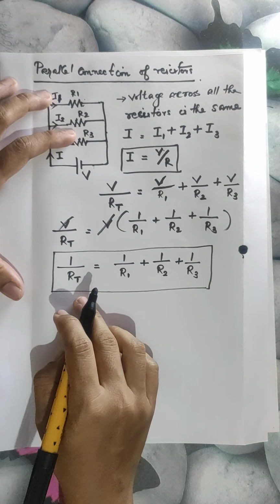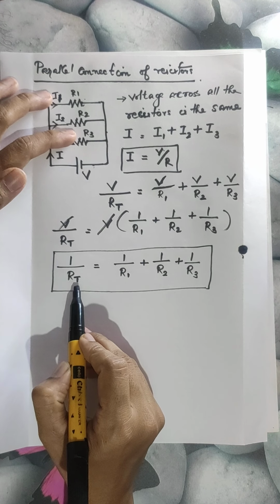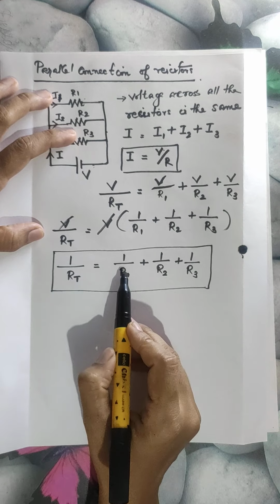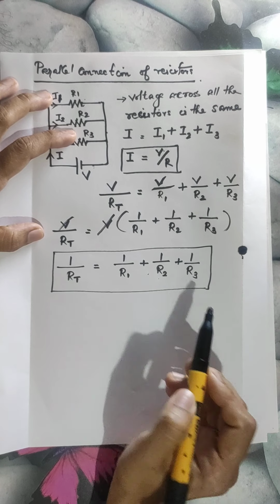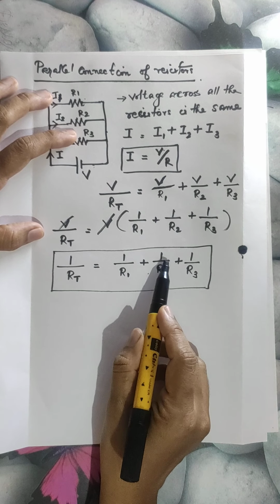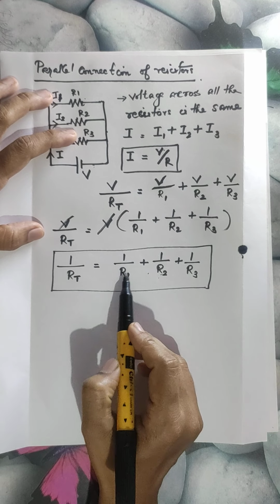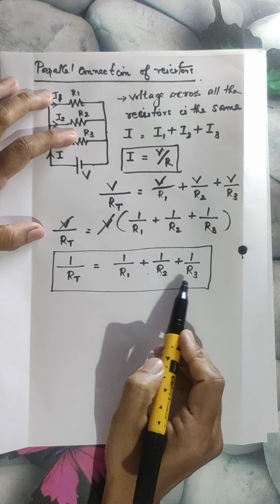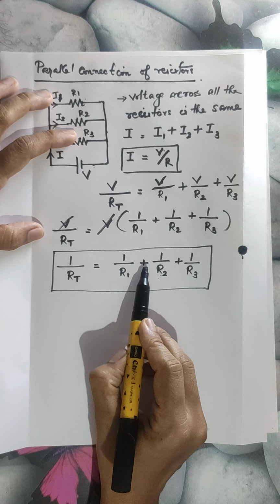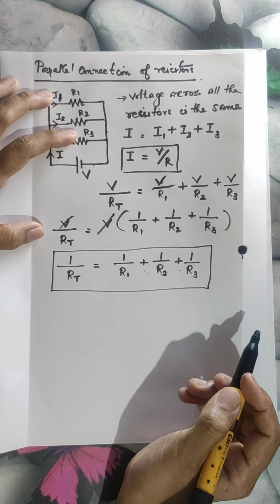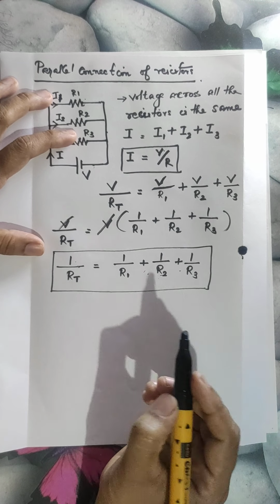So what is the meaning of this equation? The reciprocal of the total resistance will be equal to the sum of reciprocals of individual resistances. R1, R2 and R3 are individual resistances. 1 by R1, 1 by R2 and 1 by R3 are reciprocals of individual resistances. So when we add up those reciprocals, we will get the reciprocal of the total resistance.